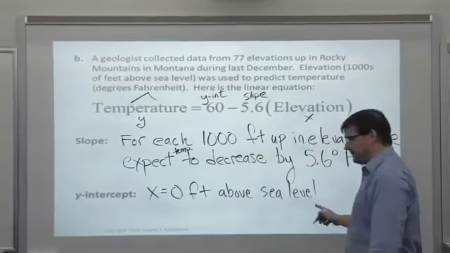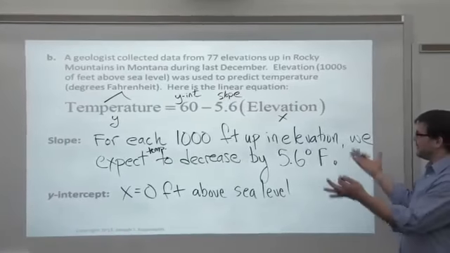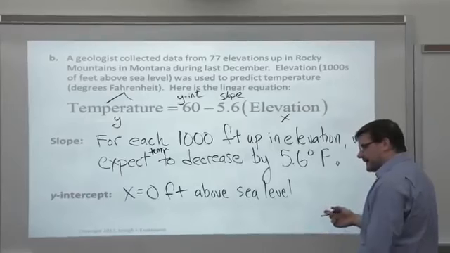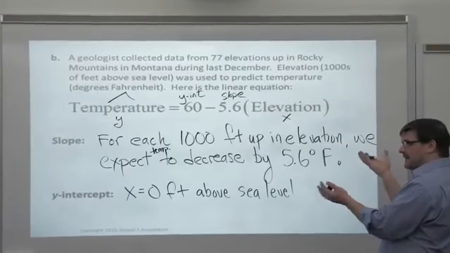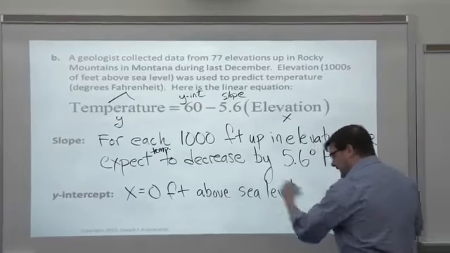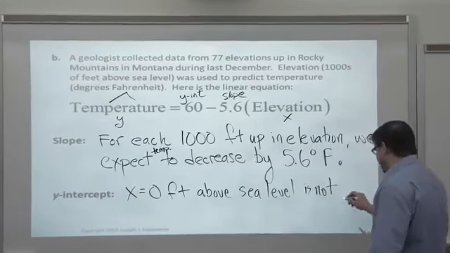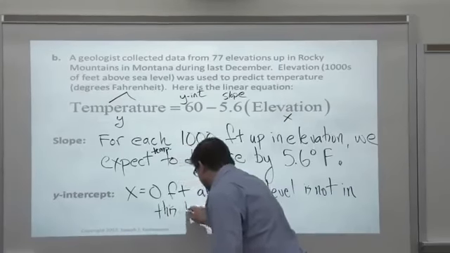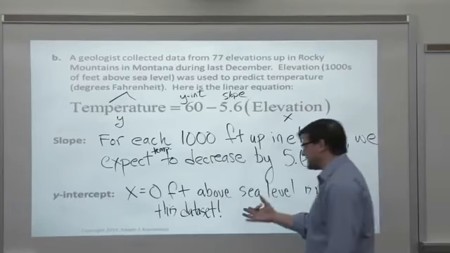Well, that is sea level, and this problem is about data collected up in the mountains in Montana. That's not in our data set. It just can't be. We don't need to be geologists to make a common sense evaluation. X equals 0 feet above sea level is not in this data set.